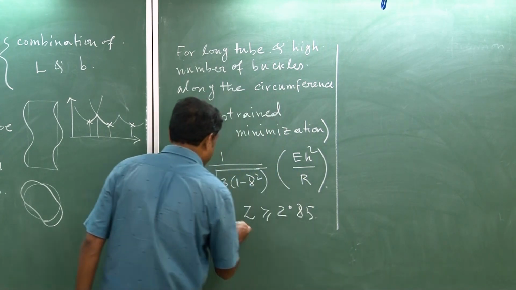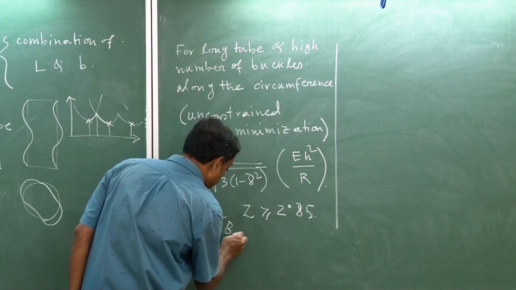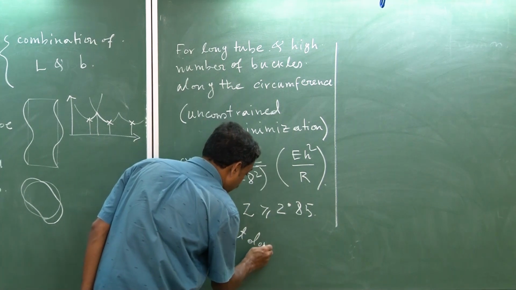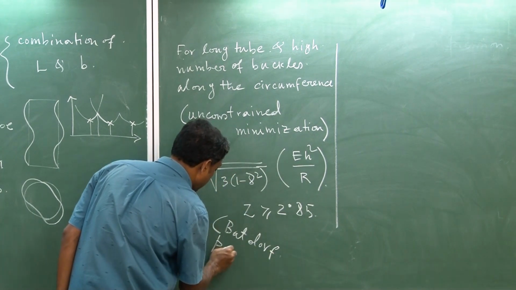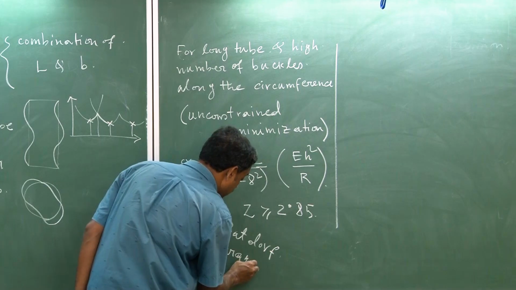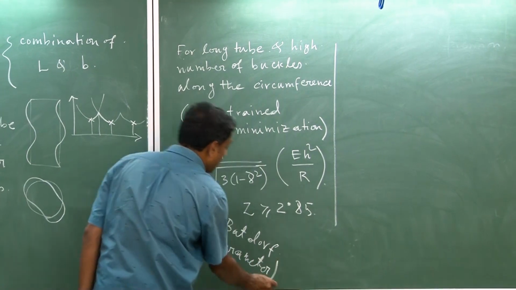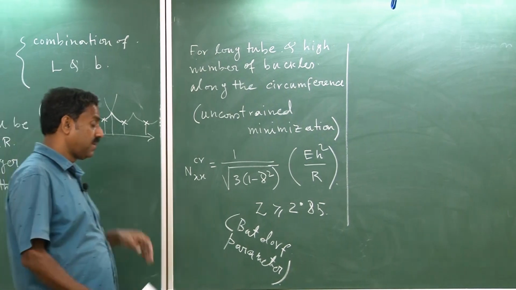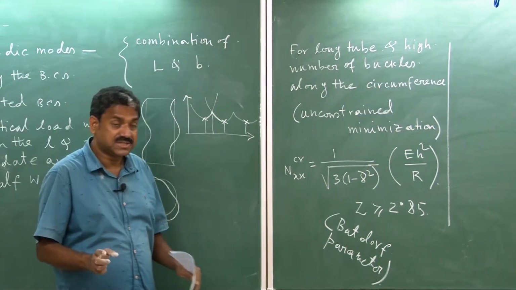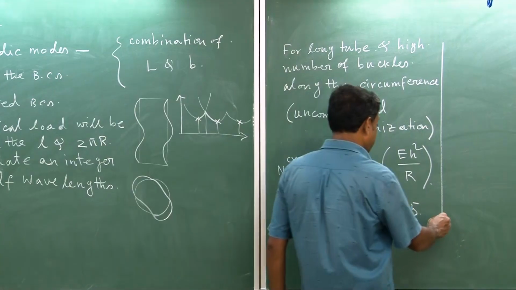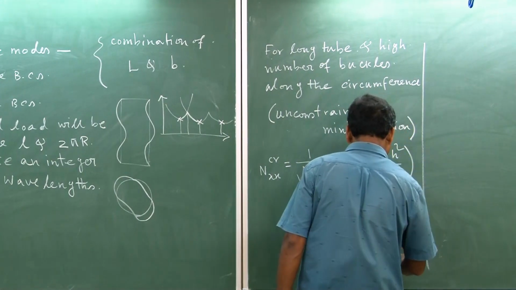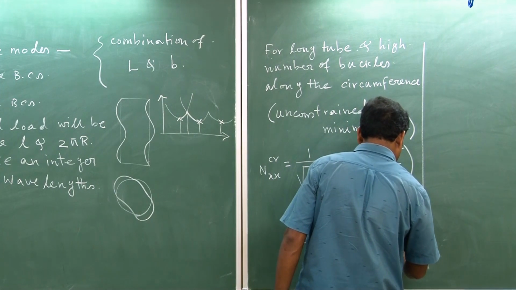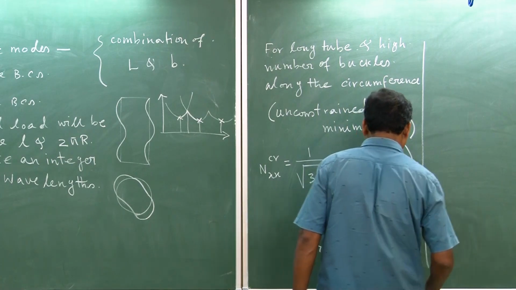Z is called the Batdorf parameter. That basically distinguishes between the short and long shell. Later other parameters like omega were also introduced by the European code, but I am not discussing that. This was done by Batdorf in 1947, the year we in India attained independence.